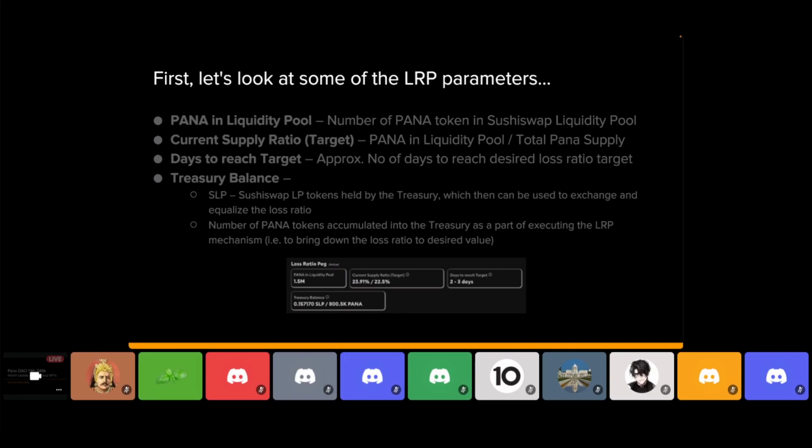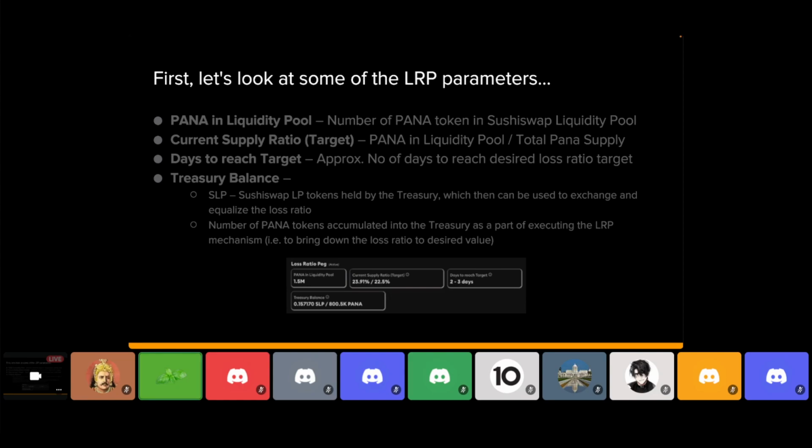This operation is done every hour, so it's about 24 operations in a day. Based upon that, we calculate how many days would be required to reach the loss ratio target. That's where the days to reach the target comes from.